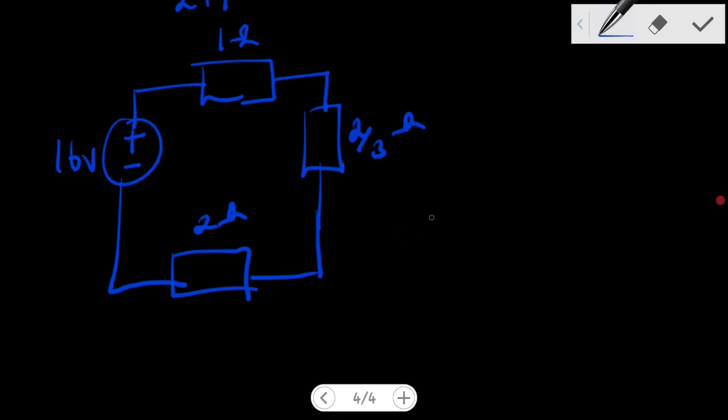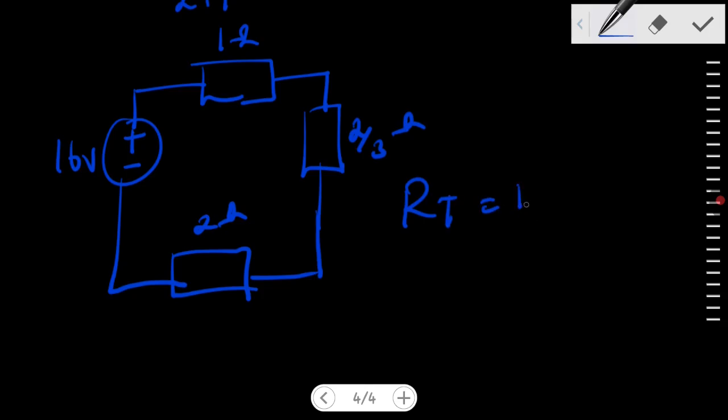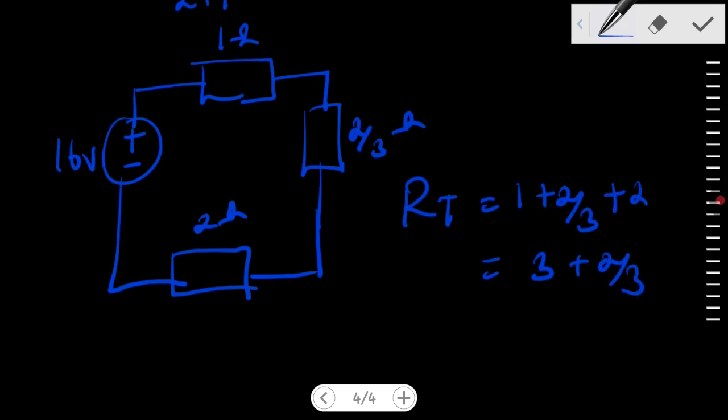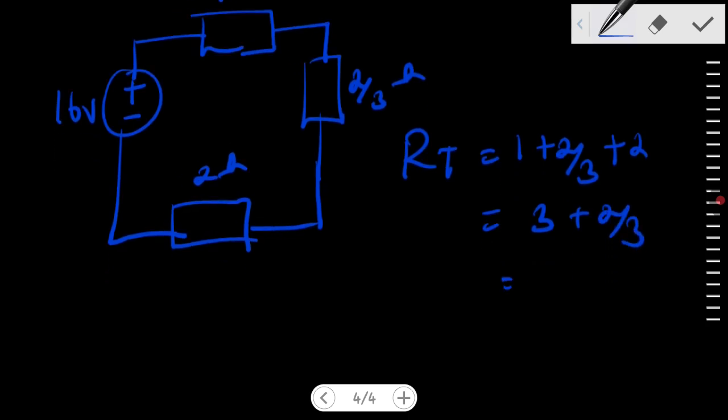Now, if we look at this, the 2, the 2 over 3, and the 1 are now in series. So the total resistance will be 1 plus 2 over 3 plus 2, right? This gives 3 plus 2 over 3, then 9 plus 2 over 3, giving us 11 over 3.